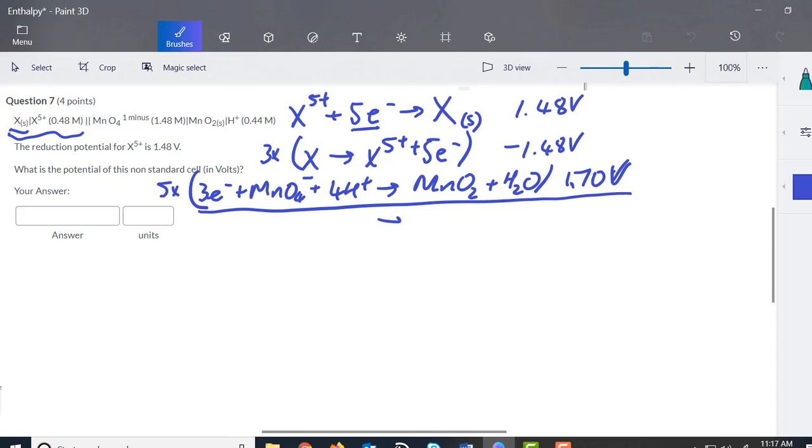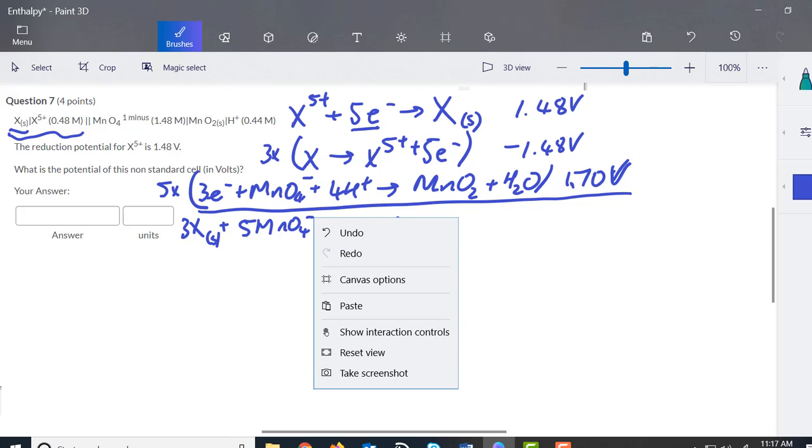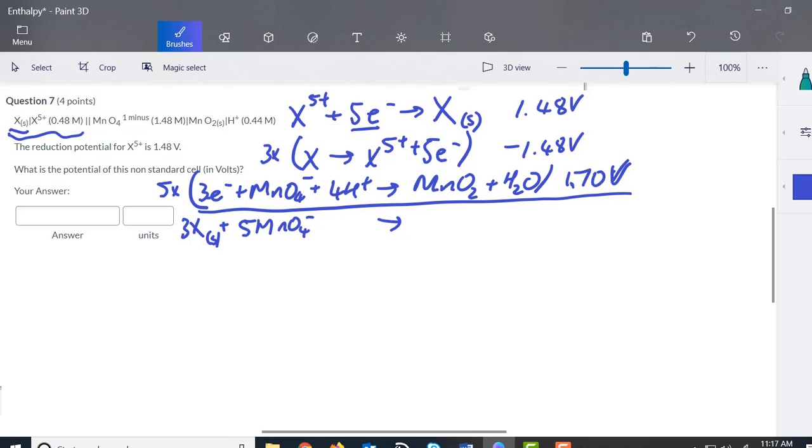And when I put it all together, this is what I'm going to end up with: 3 X solid plus 5 MnO4 minus plus 20 H plus, giving 5 MnO2 plus 10 H2O plus 3 X5 plus.